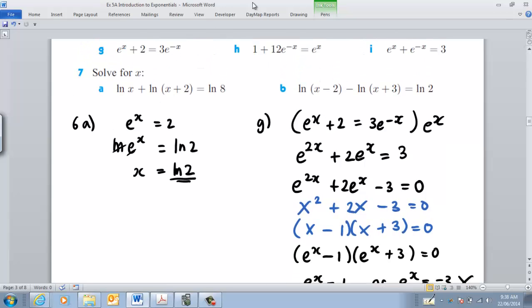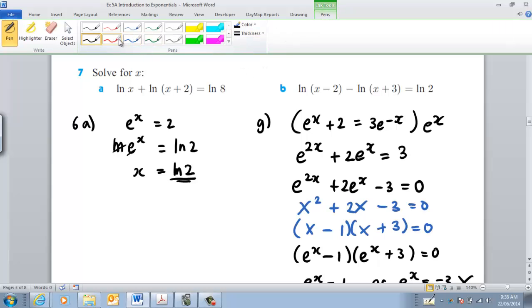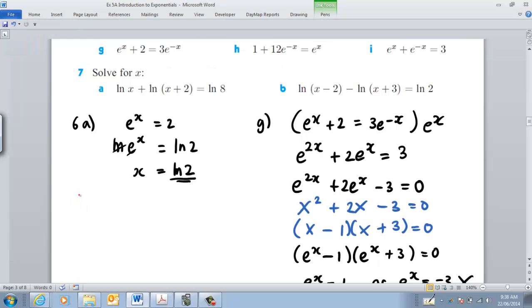Now, if I want to do something for 7, I need to solve that. Let's do another colour for you so it stands out. Let's do, say, A for you. So 7A. If I'm solving that, it's going to be ln of that. I'm going to use my ln laws, okay, to do this. So ln of that. Now, remember the law is we're going to multiply together.